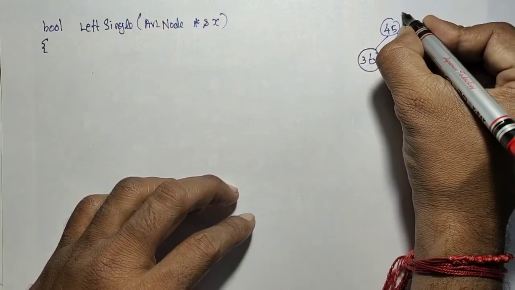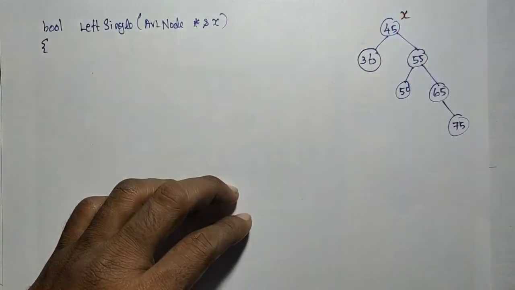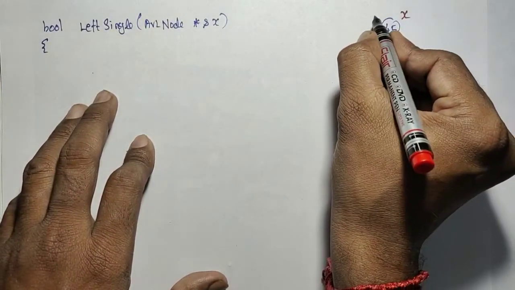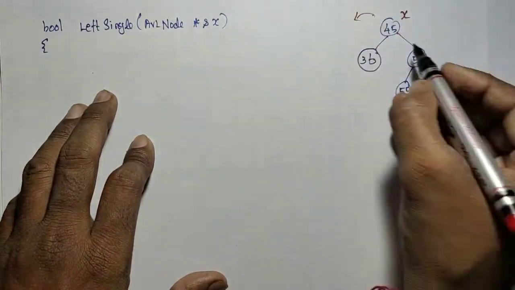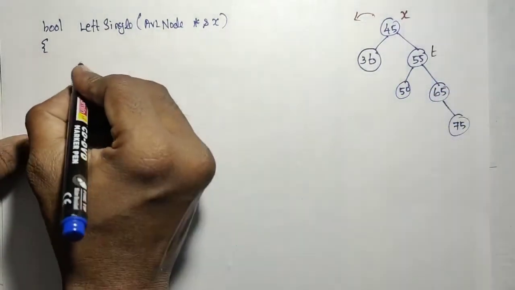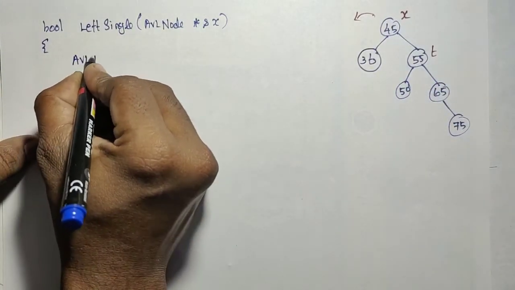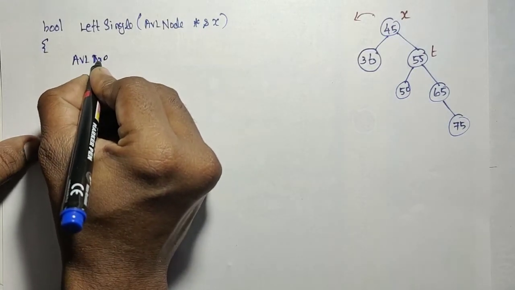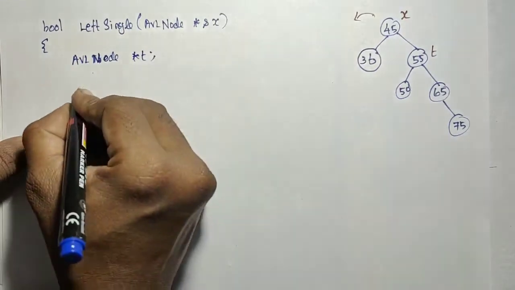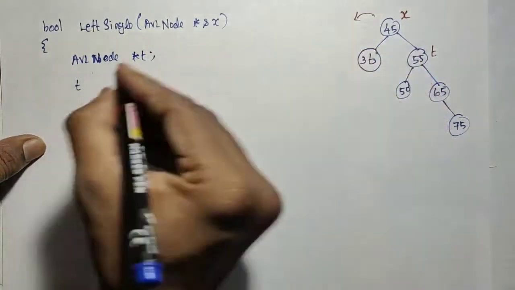This is identified as x, similar to the previous one. I need to rotate on the left side, so this needs to be marked as t, that is AVLNode *t, and t equal to x of right.